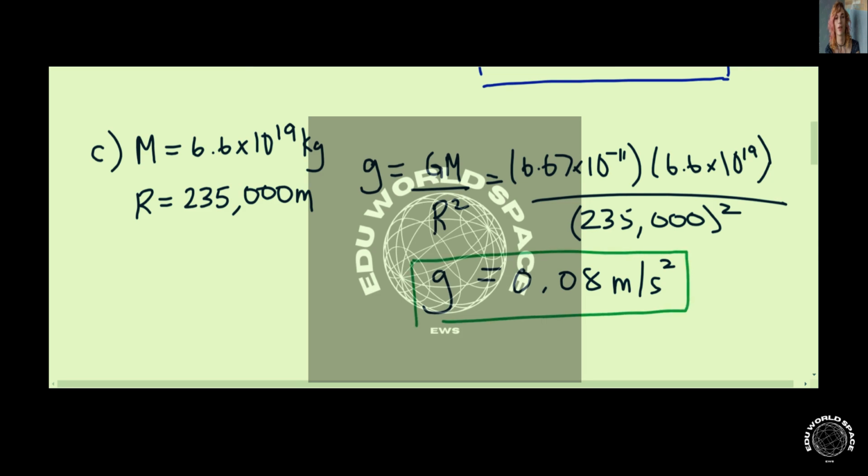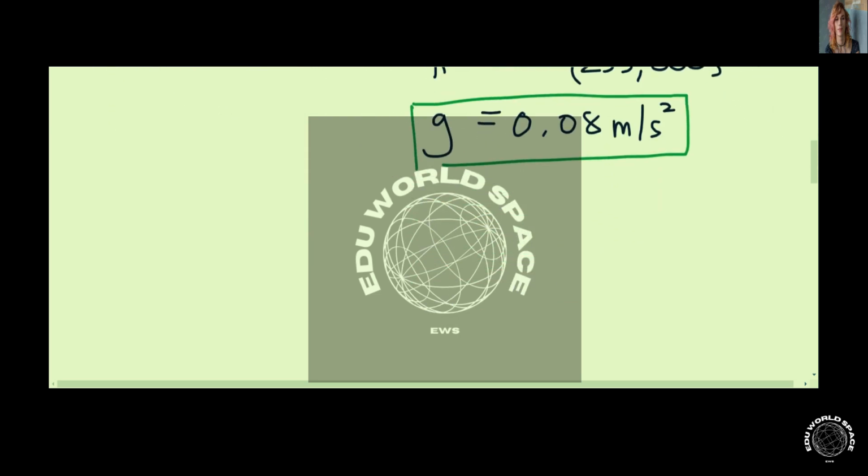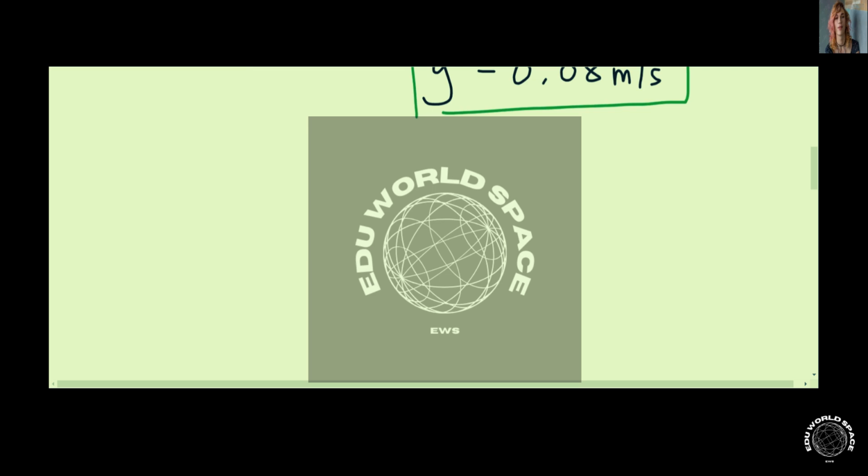Finally, in part D, we're asked if the answers to part B and C mean that an object released 1 meter above Miranda's surface on the side toward Uranus will fall up relative to Miranda. So basically what this is getting at, and I think it's probably best to look at a picture, is we've got our planet Uranus, we've got our moon Miranda, and we let an object go 1 meter above the surface of Miranda.